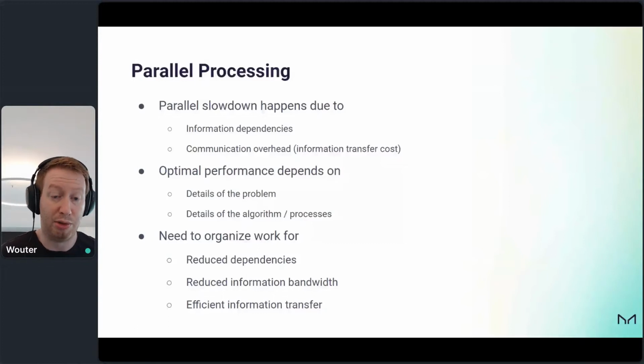If there is a dependency, it's about an information transfer. So we need to reduce the information bandwidth. And if we have reduced the information bandwidth, then we also need to make sure that whatever information is left, what we really have to communicate, we communicate it in as efficient a manner as possible.